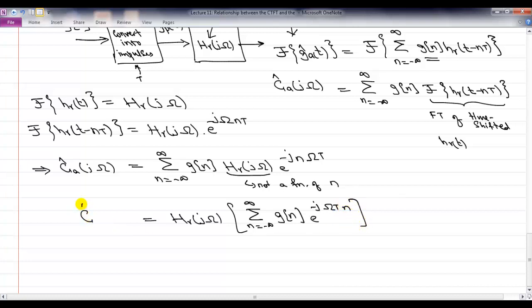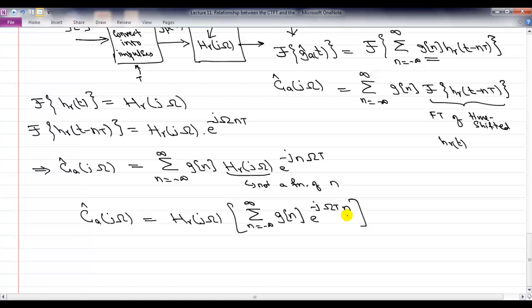This is my G hat A of j omega, which is what I get if I use my sequence to construct a continuous time signal. So you record my voice and you are given a sequence of samples. If you convert it into something that you can hear in continuous time, this is the relationship you get.